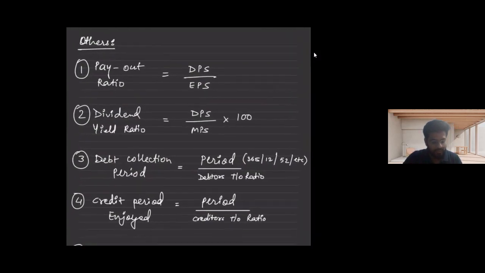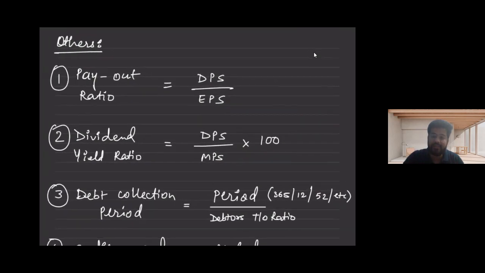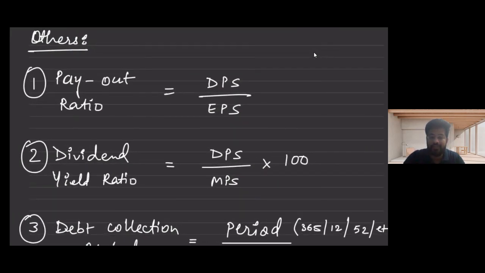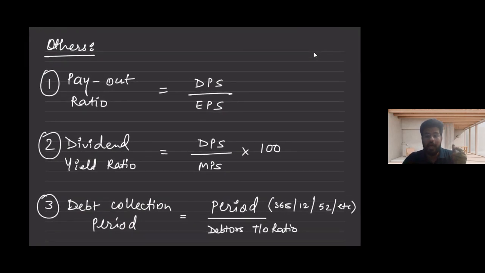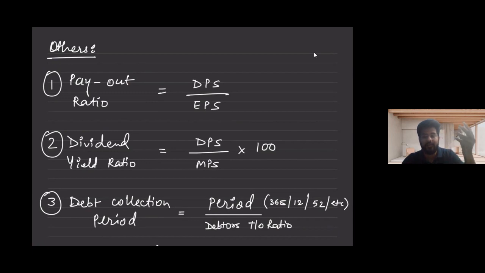Payout ratio means whatever the company has earned, that is the earning per share. Out of that money, how much the company has declared as dividend and given to their shareholders. So dividend per share divided by the earning per share is the payout ratio.